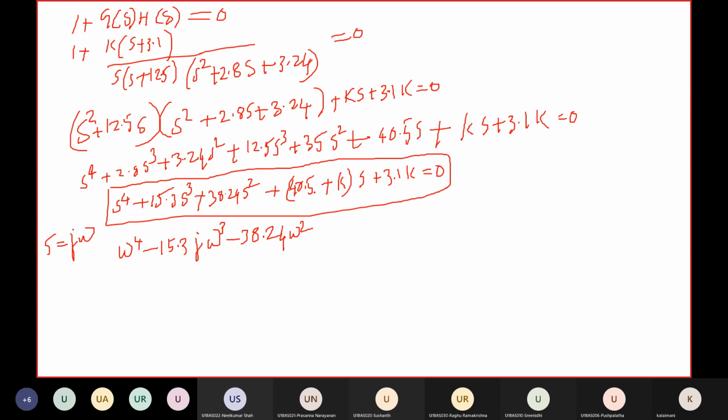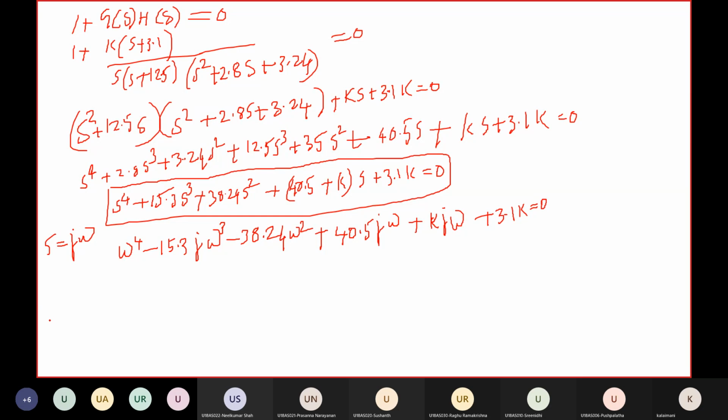Here 40.5 plus k, s is j omega, then we get 40.5 j omega, then plus s is j omega, k j omega, then plus 3.1 k, then equal to 0.